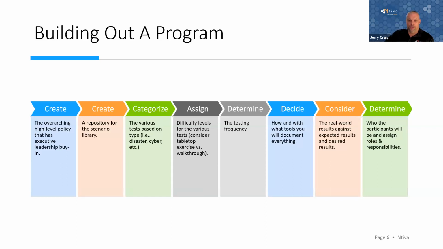When you go to a walkthrough, you're actually going to simulate something. So you may do a tabletop first on, this is my most critical asset, this server. What would I do if it went down? And then later you may run the same scenario again, let's say 3 months later, once you feel confident with the tabletop exercise, and you say, I'm actually going to turn down that server, or I'm going to destroy that server.